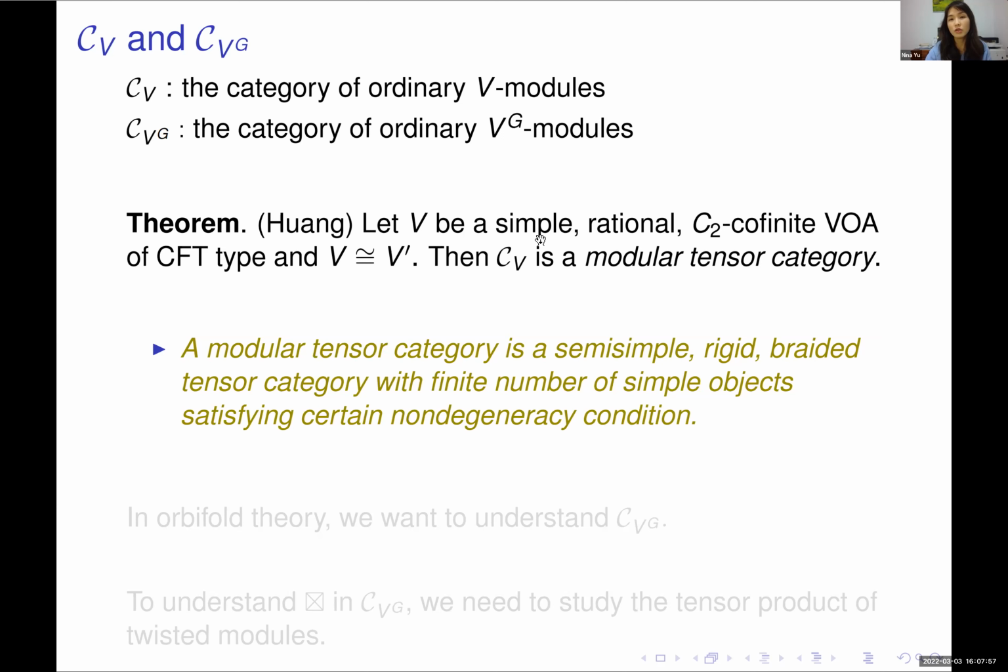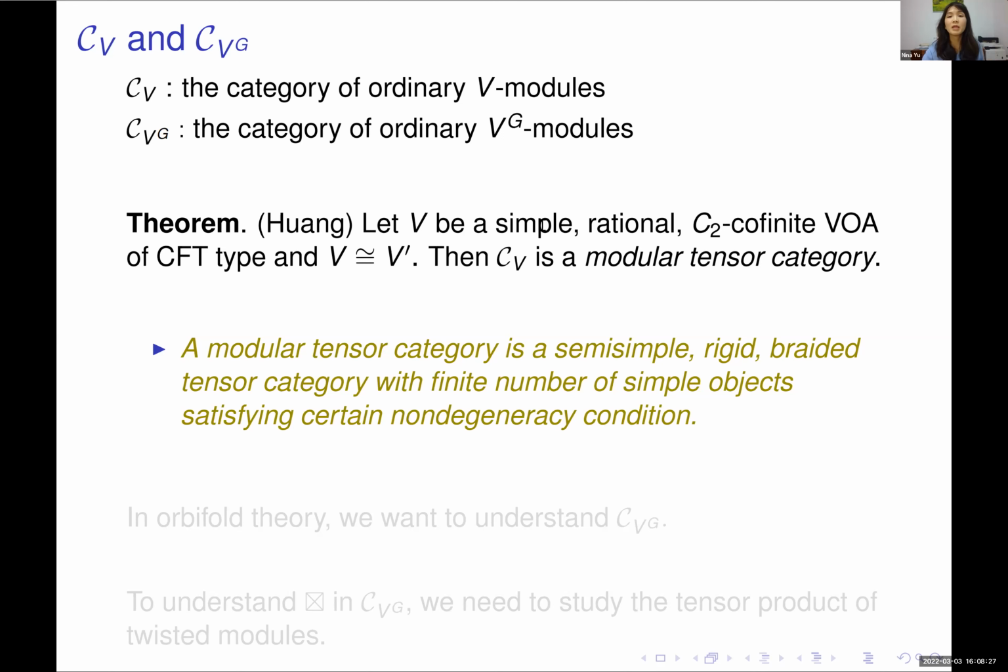And here the conditions are simple, rational, C2 cofinite, CFT type, and self-dual. Those conditions are actually natural. Here, rational C2 we mentioned, and CFT type just means that there are no negative weight spaces, and the homogeneous space of B1 is one-dimensional. And self-dual means that B is isomorphic to its contragredient module B prime.